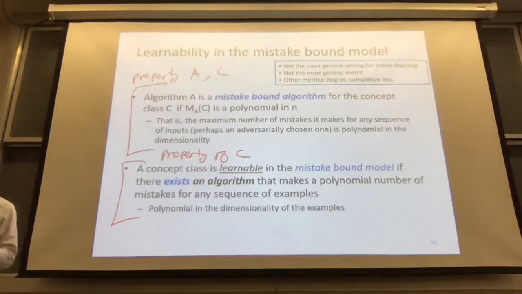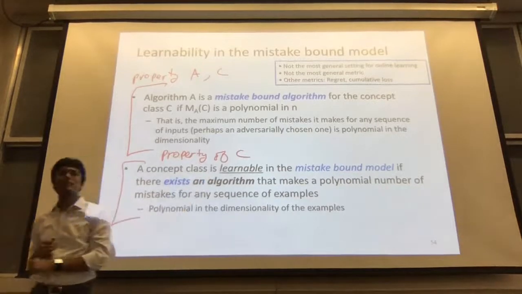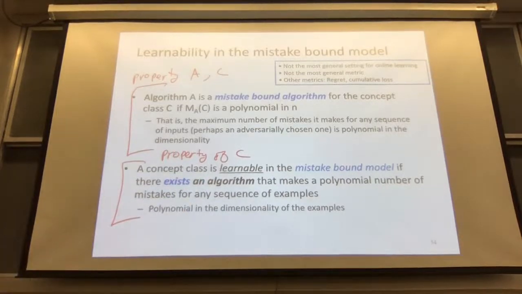My hand-waving proof now was essentially a proof of the statement that general Boolean functions are not learnable under the mistake-bound model. We will see a much easier version of this proof in a bit. Not today, but we'll see one. But general Boolean functions are not learnable under this model. Because every time a certain row is revealed, imagine I'm the adversary and you are the one who's learning the function.